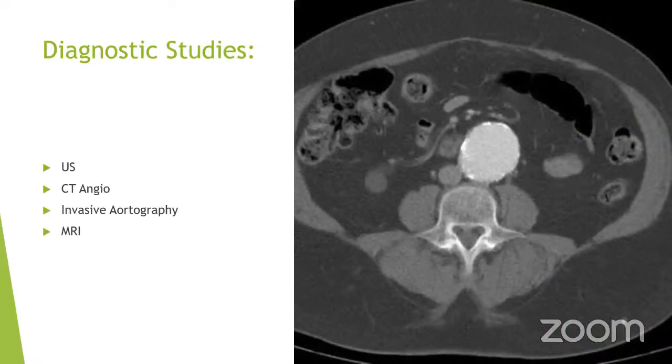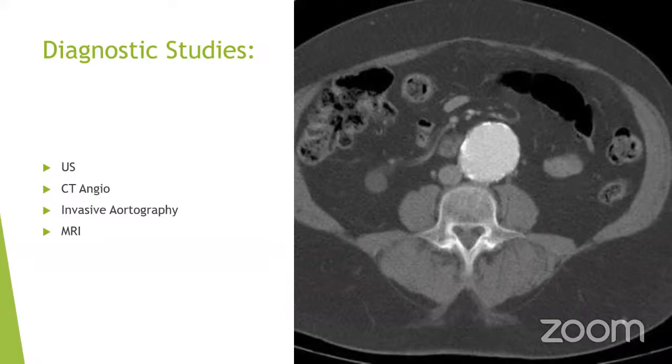When diagnosing aortic aneurysms, ultrasonography can be very useful as a screening or to rule out the diagnosis, but it has the limitation of being limited to the abdominal aorta, and it cannot visualize the thoracic part. CT angiography is the main modality for defining and planning open or endovascular repair.